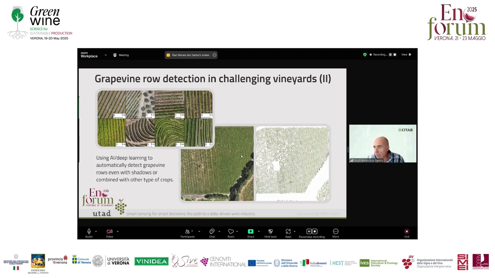In this large image, you can see even in the shadow, in this part, our algorithm can extract where the vineyards are, and eliminating everything that is not a vineyard, such as this square in the center of the image. So I think that is a very, very good result from this kind of automatic processing.